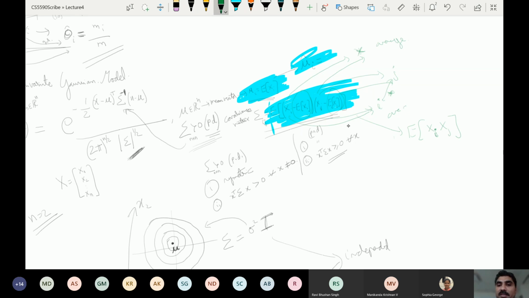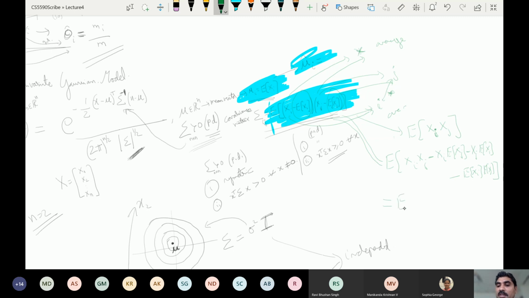So by the way, here is another way of writing covariance. So it is the expectation of, so I can expand the product. It will be xi xj minus xi times expectation of xj minus xj times expectation of xi plus expectation of xi into expectation of xj, whole bracket, right?